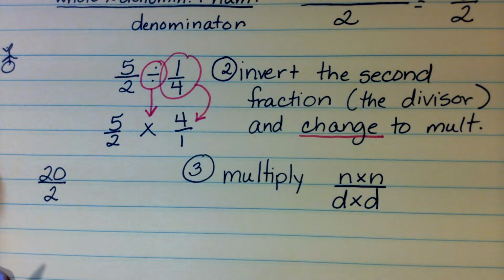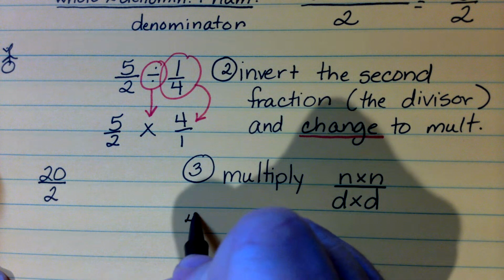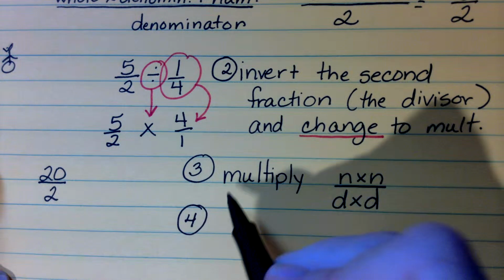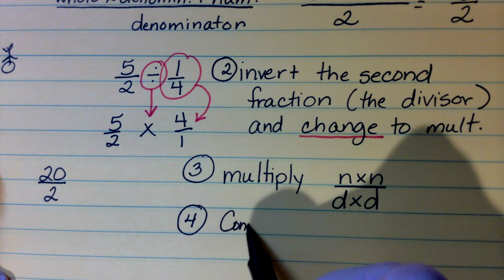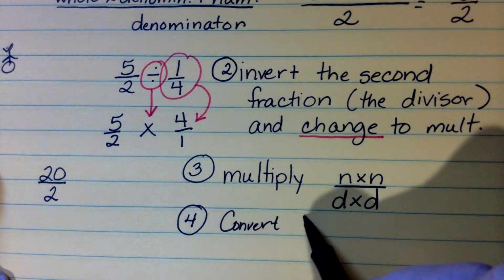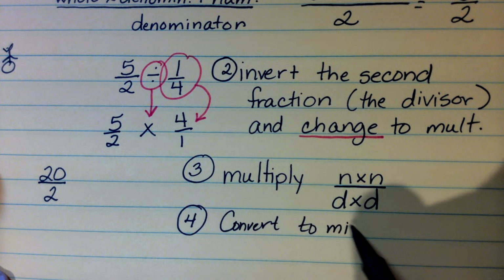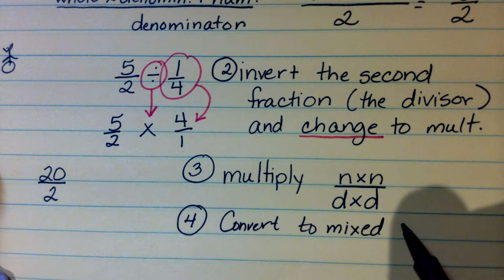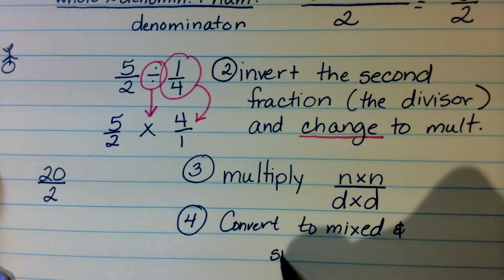We now have 20 over 2. Step 4 is to convert to a mixed number and simplify if it's needed.